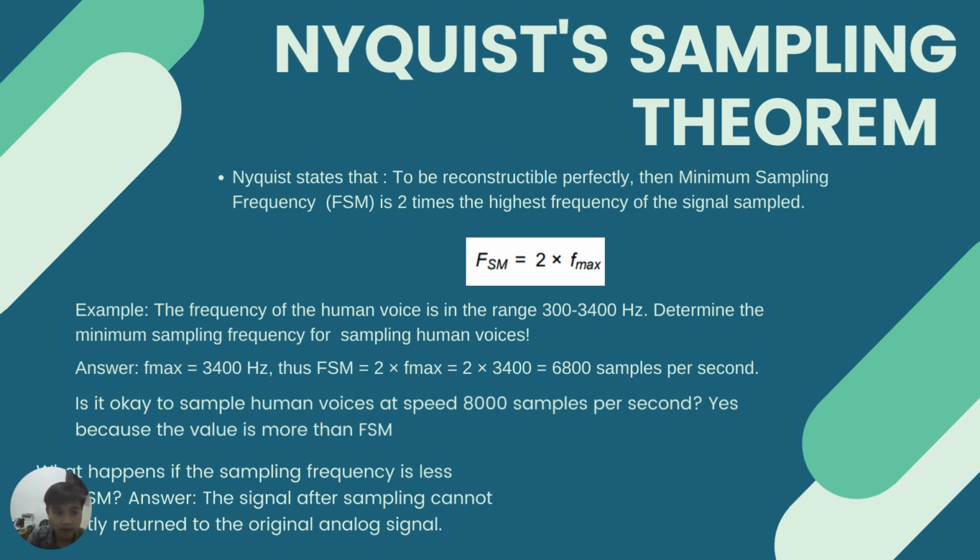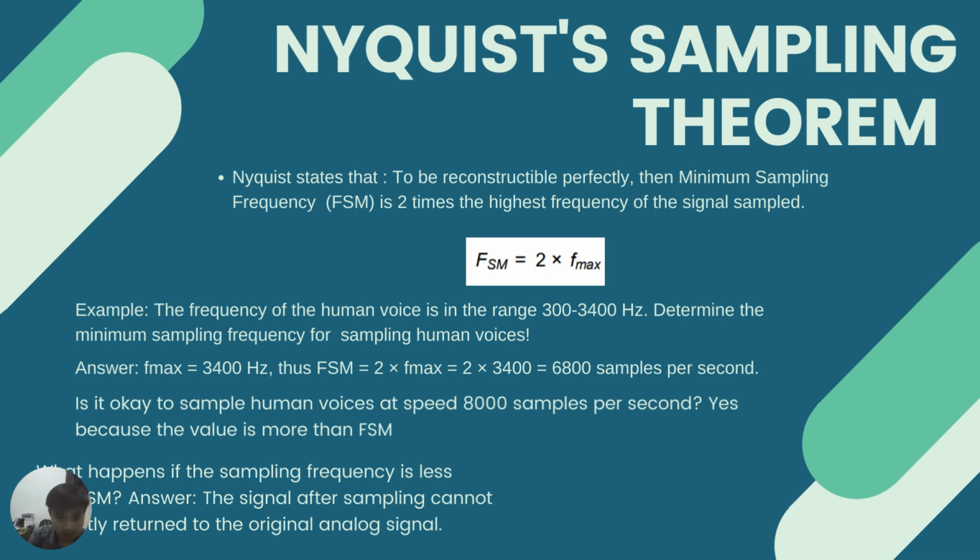For example, the frequency of the human voice is in the range of 300 to 3400 hertz, and we have to determine the minimum sampling frequency for sampling human voice. Fmax is equal to 3400 hertz, so Fsm is equal to 2 times 3400, which is 6800 samples per second.